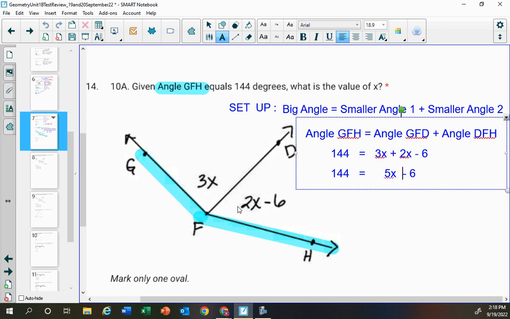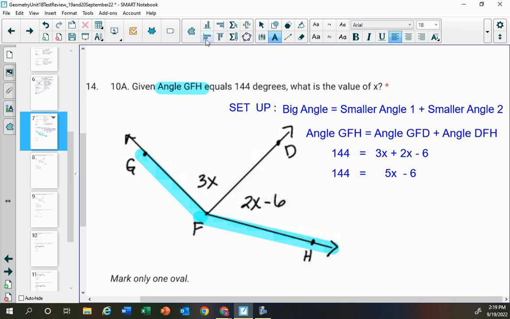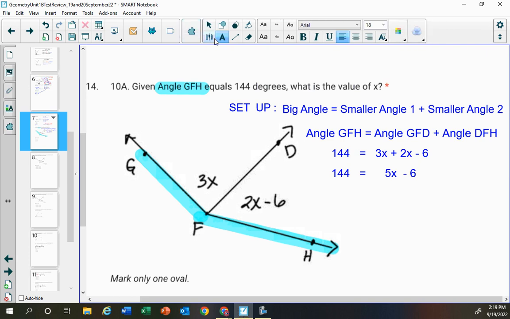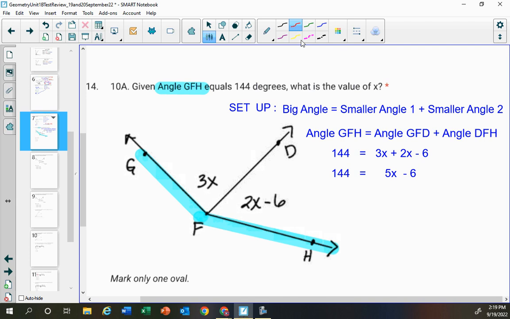These problems, you add them up, set them equal to the overall. So now, Brooklyn, yep, you were right going back to what you said about adding 6. We're going to do that.